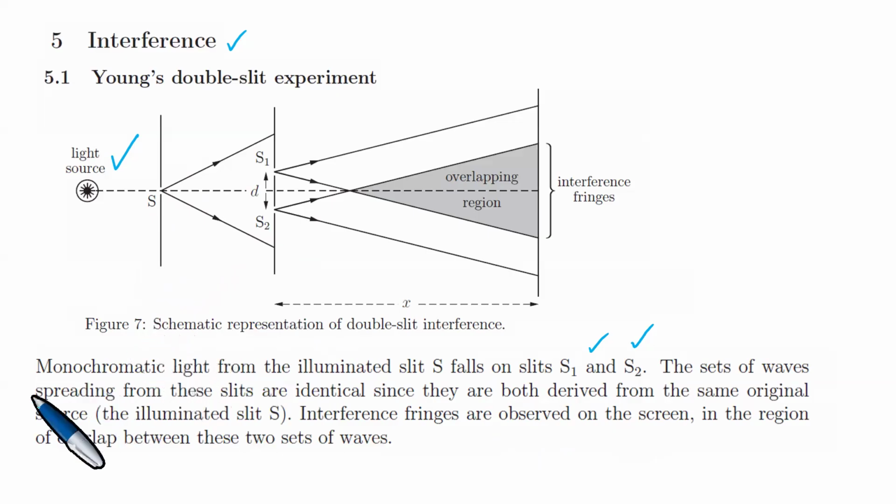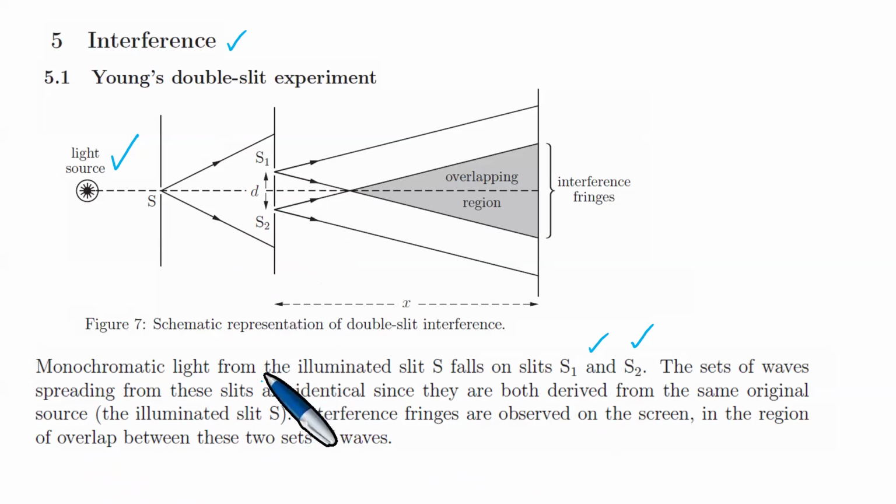The sets of waves spreading from these slits are identical since they are both derived from the same original source, the illuminated slit S. Interference fringes are observed on the screen in the region of overlap between the two sets of waves.